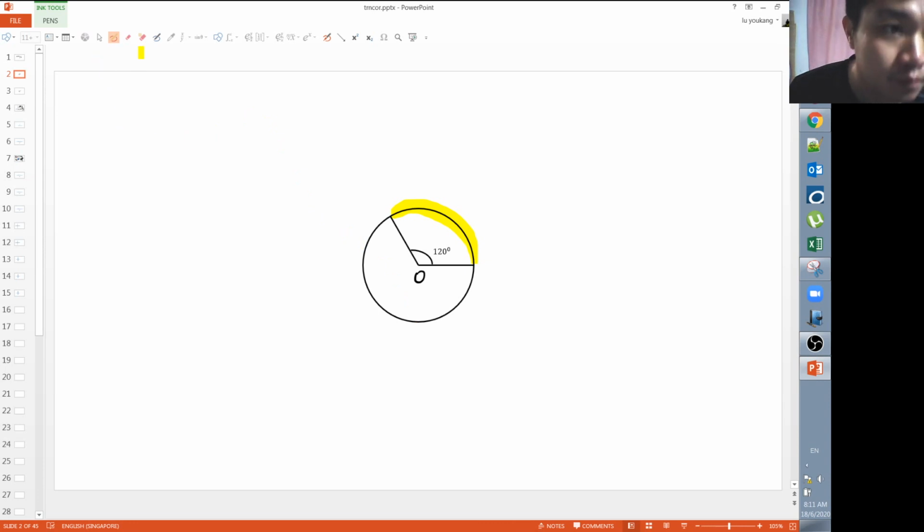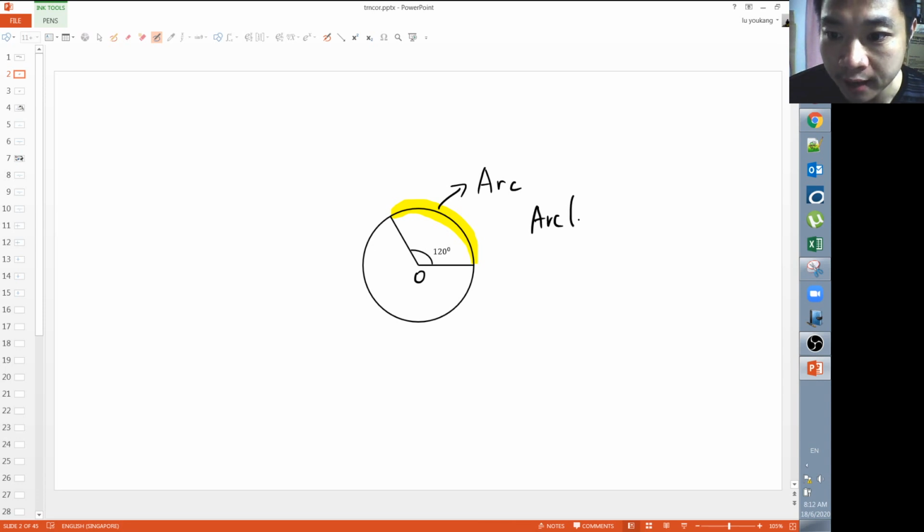Okay, so I just realized in order to find the length of this, it is actually called the arc. So if we are asked to find the arc length of this, which is highlighted yellow, you can actually see the arc length here.